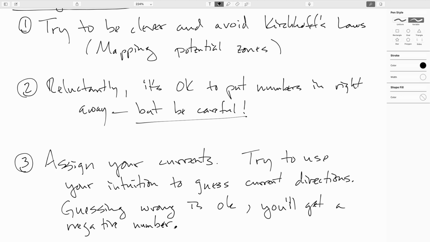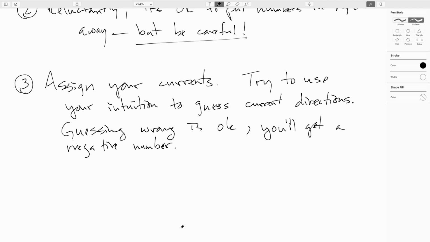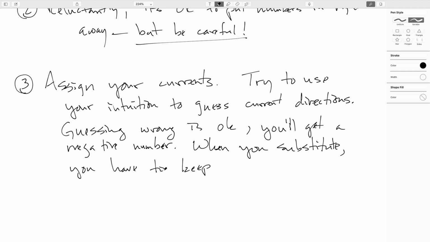Now, the important thing here is that the penalty for guessing wrong is when you substitute, you have to carry that minus sign along. So all it means, if you guess wrong, you get a negative number.